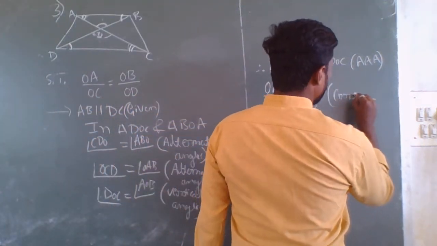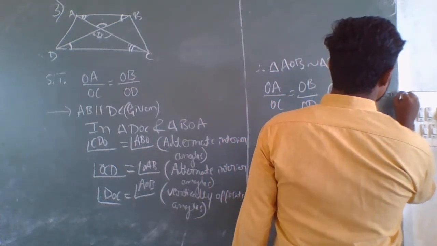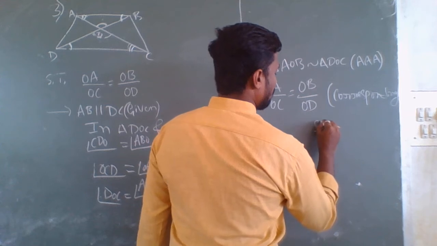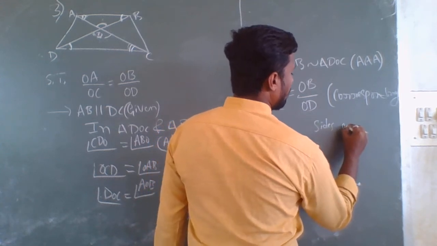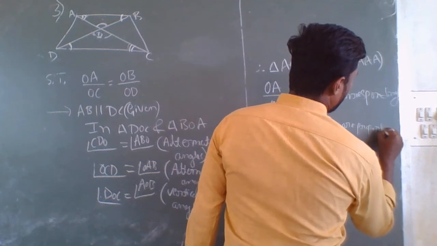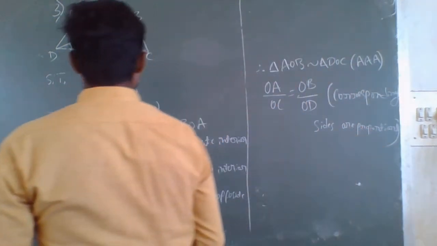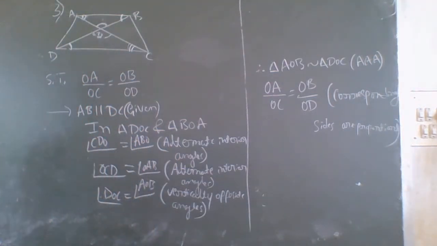Here I will write corresponding sides are proportional. So to prove OA by OC is equal to OB by OD, what we did is simply prove that triangle OAB is similar to triangle ODC.